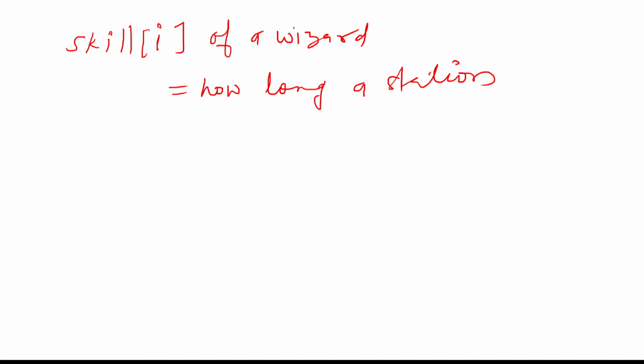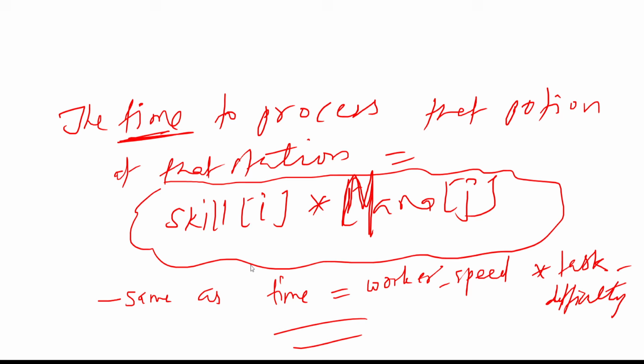If you want to find the time, the worker speed is nothing but the skill at i, and the mana is nothing but the task difficulty. So what will be the rule, or we can also say the key constant? What is the key constant? Okay, the rule and the key constant.